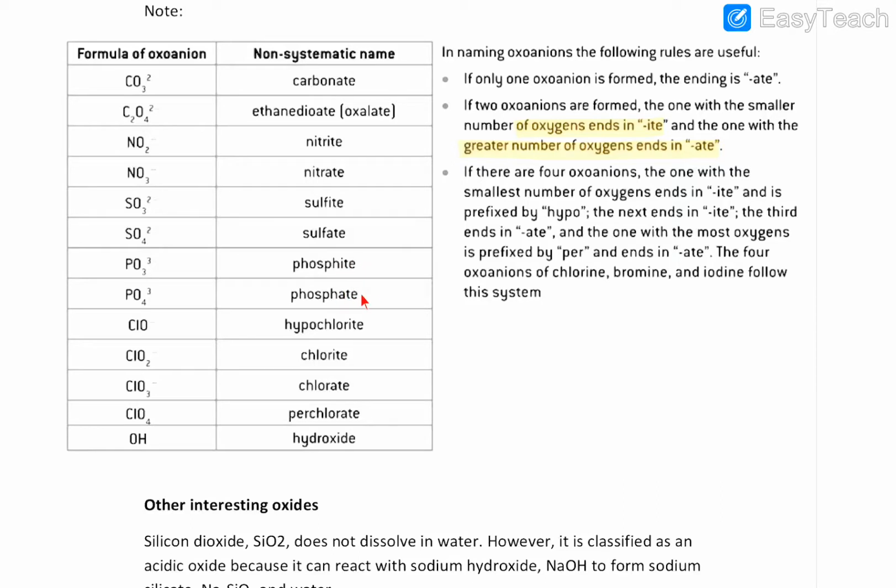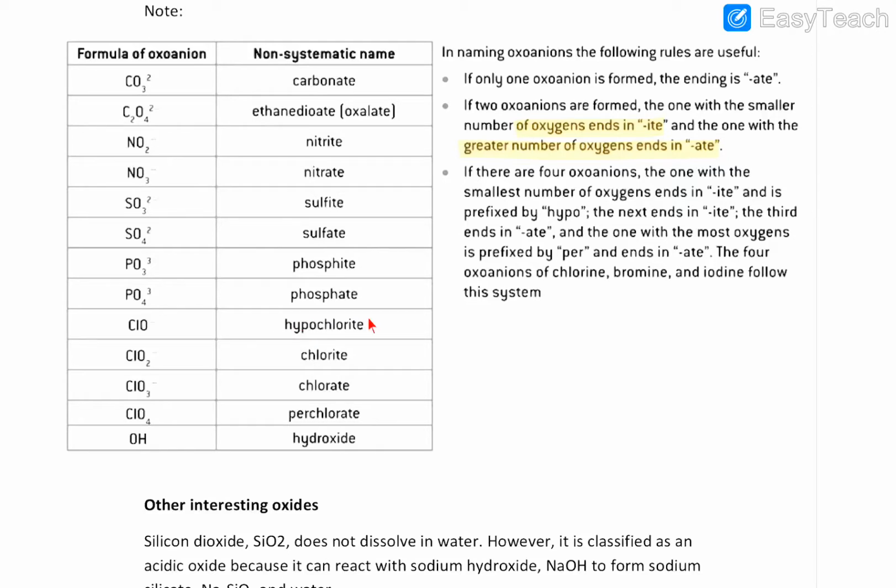So -ite and -ate. And then if you have 4 oxoanions, just like for chlorine, bromine, iodine, then you have another rule. When you have 4 of them, the one with the smallest number of oxygen, so here there's just one, will end with -ite, and you'll have the prefix hypo.